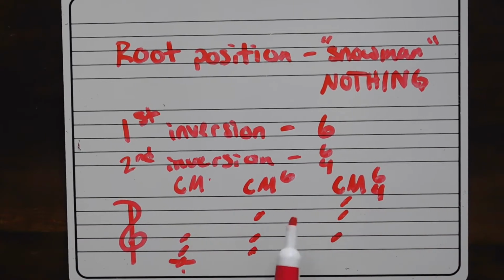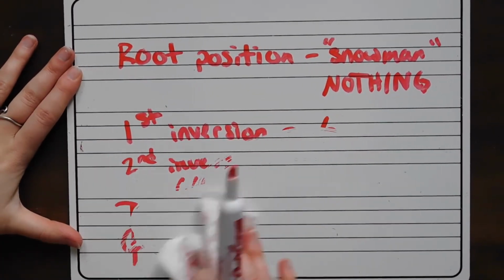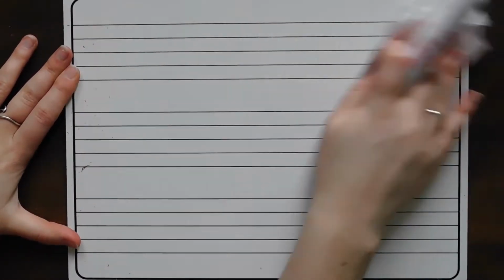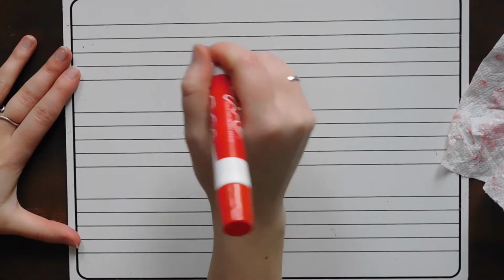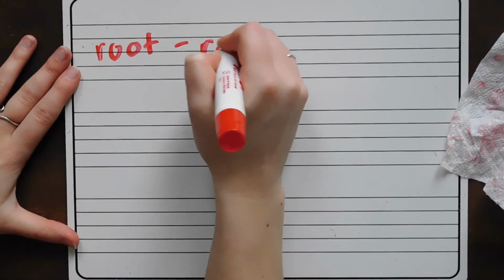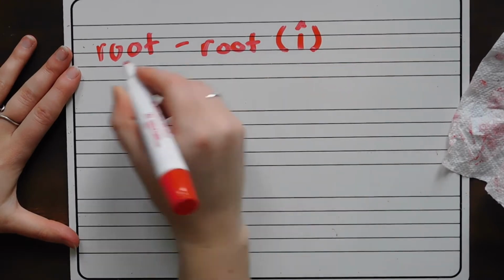So simply when we invert something, we take the lowest most note and we just pop it up an octave. And then again, from a first inversion to a second, we're going to do that and pop it up an octave, okay? So a way to also consider this is you can think about your root position as literally your root as the bottommost note or the bass note, right? So root would be root note or scale degree 1 in your bass.